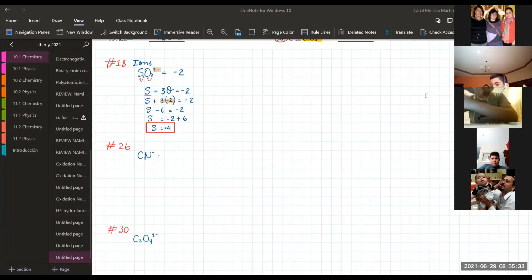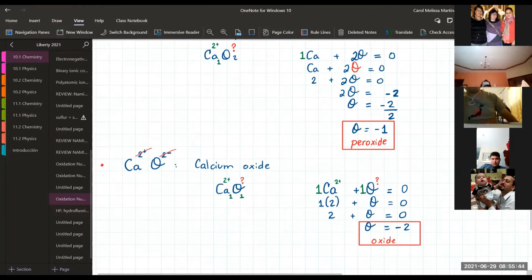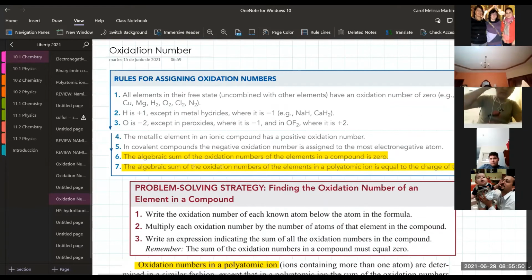You said that 95% of the times we're going to use -2, right? But what other numbers can we use in that other 5%? The rule tells you the only exceptions. When you have a peroxide ion, the charge for oxygen will be -1. And when it's combined with fluorine, but just fluorine, then the charge is going to be +2.